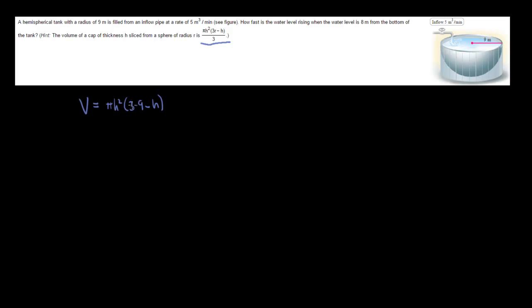The height of the water level is changing as the water comes in, but the radius of the sphere is not changing. So I can substitute that 9, no issue, but I don't want to substitute the h because h is varying here. Okay, so I can simplify this a little bit. Oh, over 3, sorry, I forgot that part. All divided by 3.